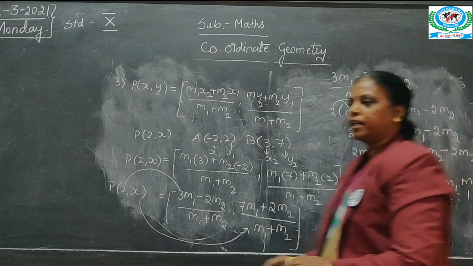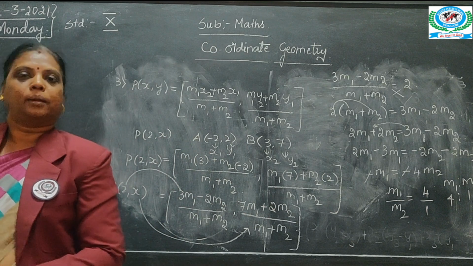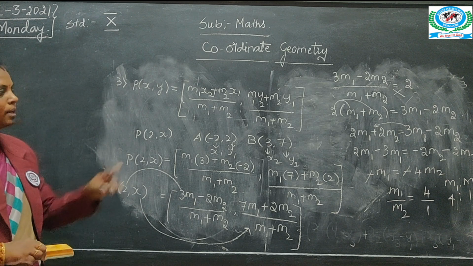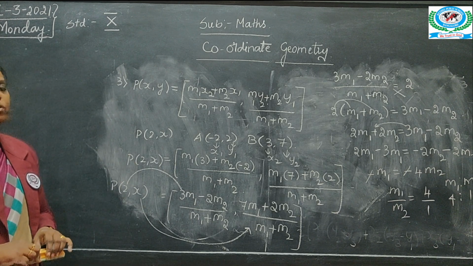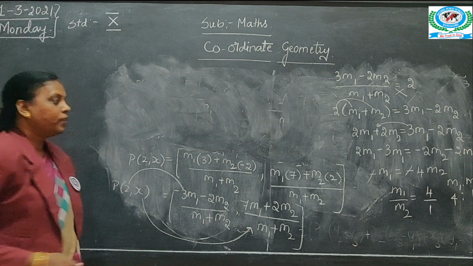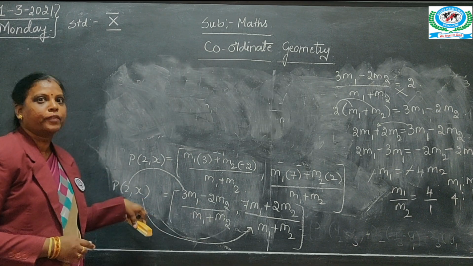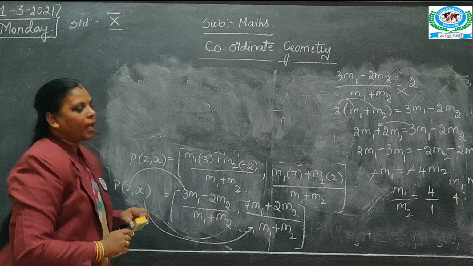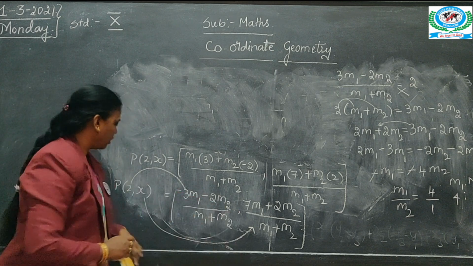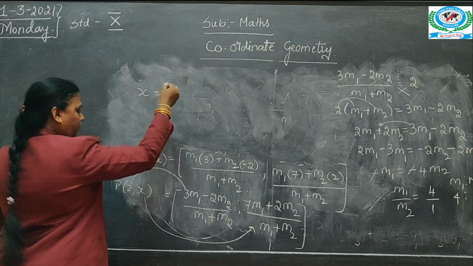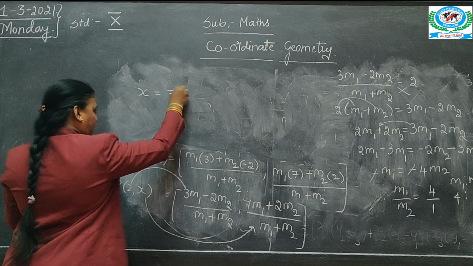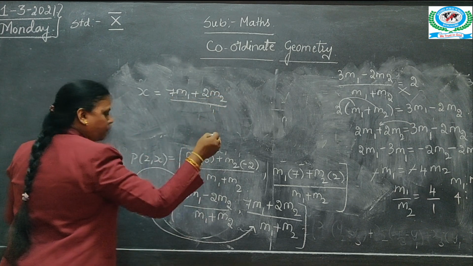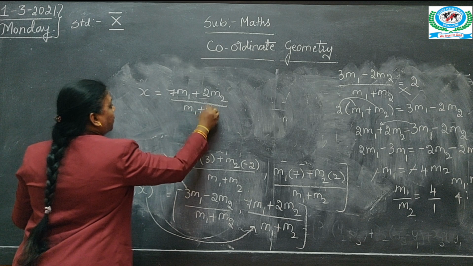This is how you find the m1 value and the m2 value. Next you have to find the value of x also. Okay, m1 you take as 4 and m2 you take as 1. We have to find the value of x. So substitute here: x will be equal to 7 times m1 plus 2 times m2 divided by m1 plus m2.